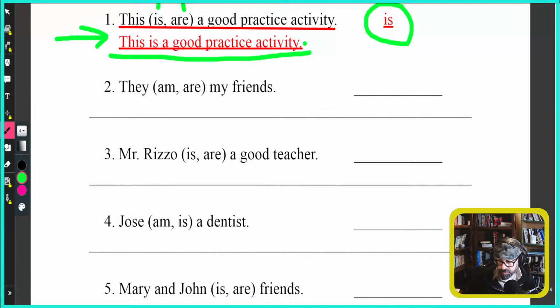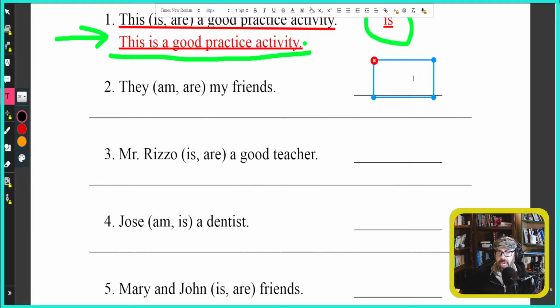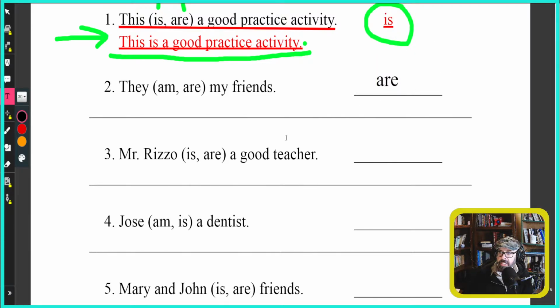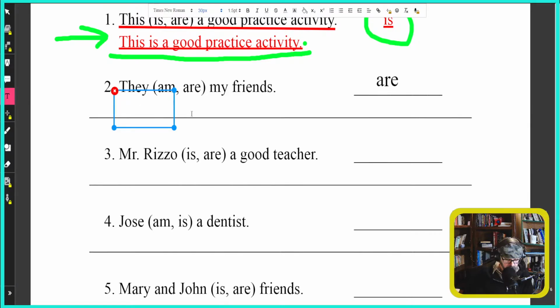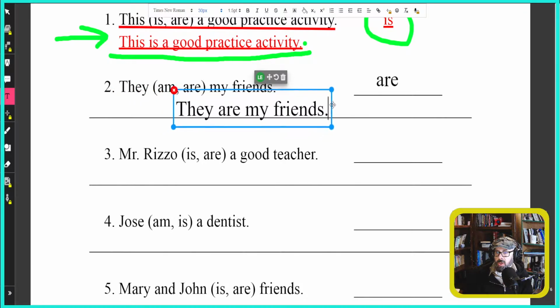Oh, let me fix the sheet. Let's get the answer for number 2. We said they are my friends. So correct answer, are. Writing the correct statement, they are my friends, period.